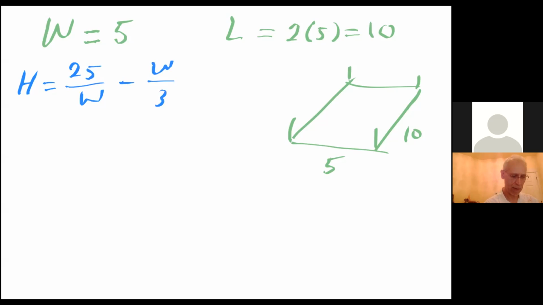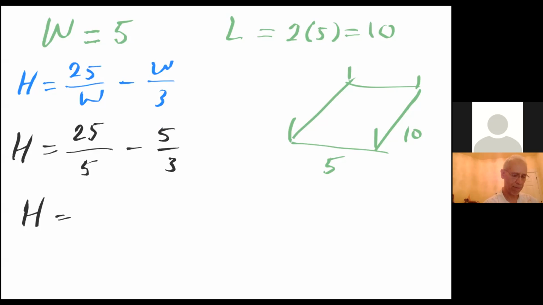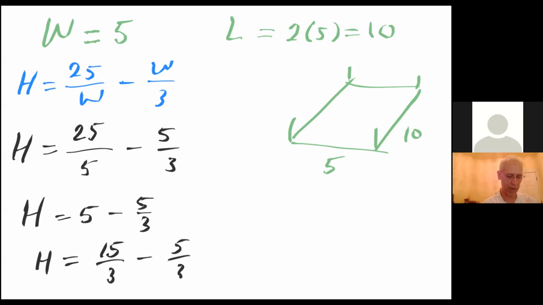So h equals 25 divided by 5 minus 5 thirds, so h equals 5 minus 5 thirds, which is the same as 15 over 3 minus 5 over 3, that's 10 over 3.